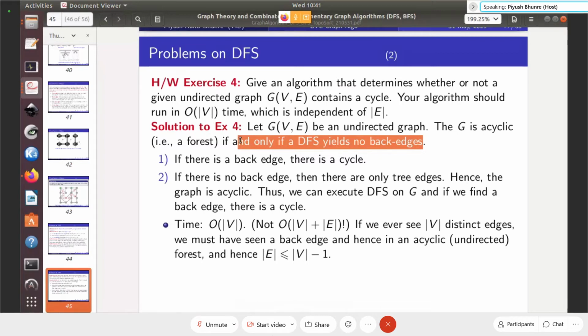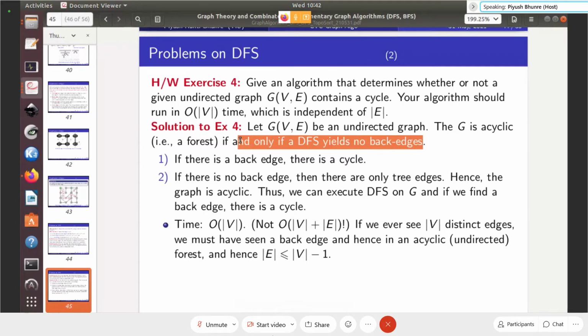In any case, your DFS algorithm will run in big O of n plus m, and m is also bounded by the number of vertices. So if the graph is acyclic, connected or disconnected, it won't take time greater than big O of V. So it's linear time in the vertices.